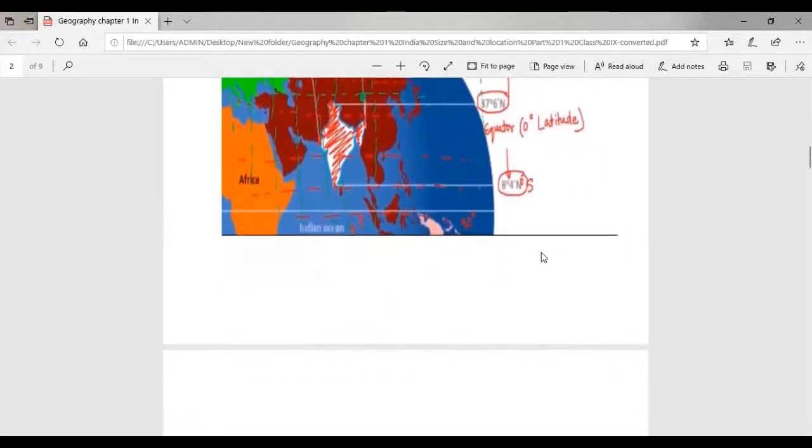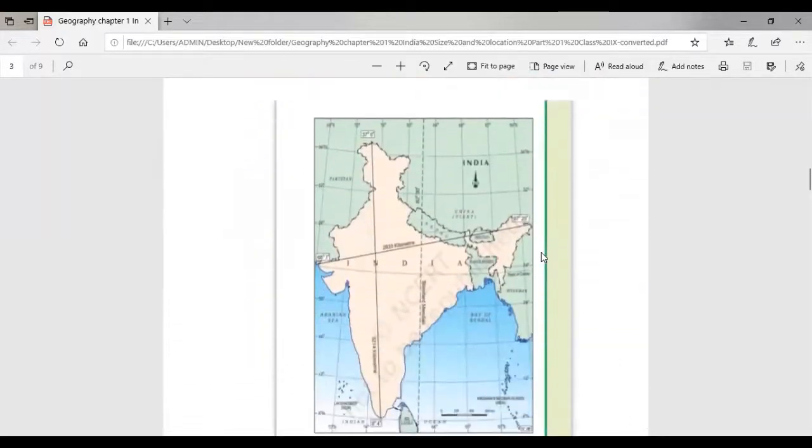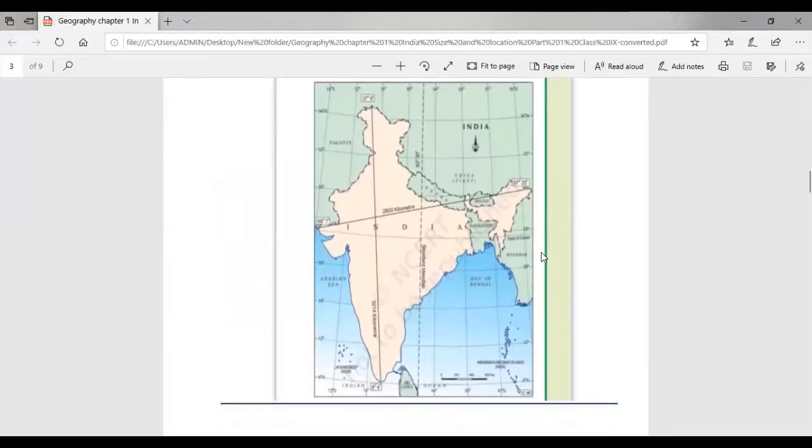The next slide explains exclusively about the Tropic of Cancer. We all are familiar with the Tropic of Cancer. Here we can see this imaginary line that passes through the middle. This is known as the Tropic of Cancer. The Tropic of Cancer is a line of latitude that divides our country into two equal parts, the north as well as the south.